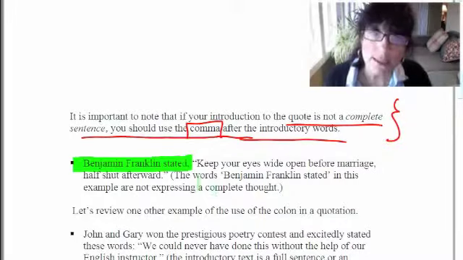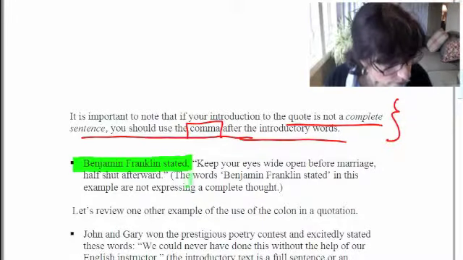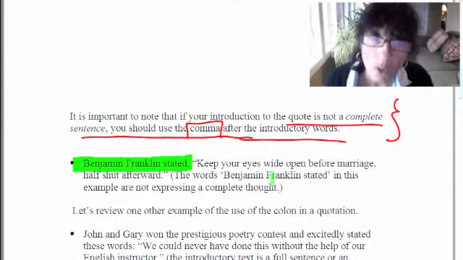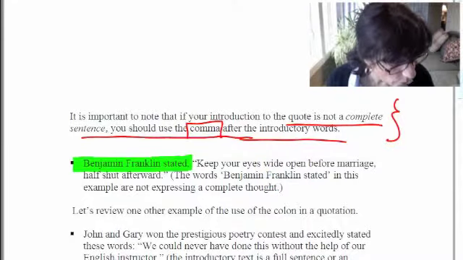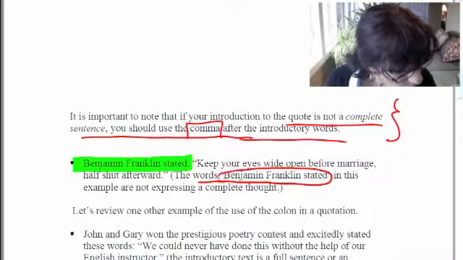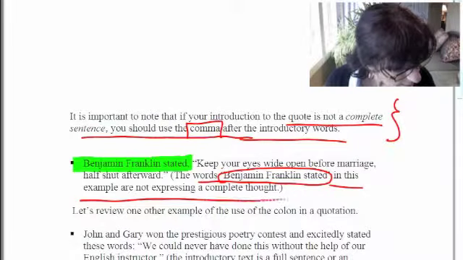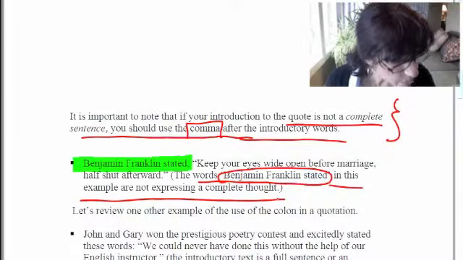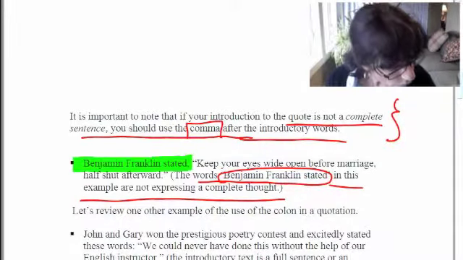So because it's not a sentence, these introductory words, you would use the comma, no longer a colon, and here's your quote. "Keep your eyes wide open before marriage, half shut afterward." So the words Benjamin Franklin stated in this example does not express a complete thought. Therefore, you would use the comma to introduce the quote here and not a colon.